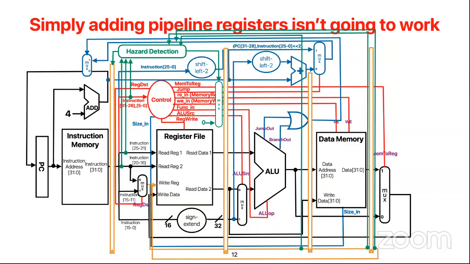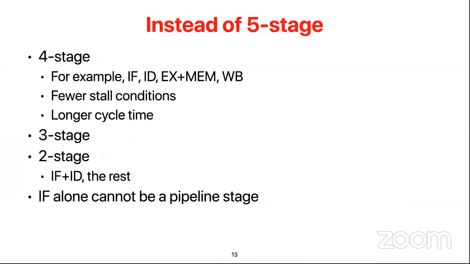All right. So what I want to say is that some of you will feel like implementing a 5-stage pipeline is too complicated. So here I provide you some alternative pipeline designs, and they are all valid. If you implement any of these, it still counts as a valid Lab 5 submission. The first option is a 4-stage pipeline.